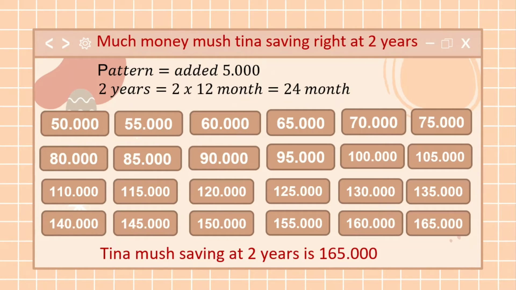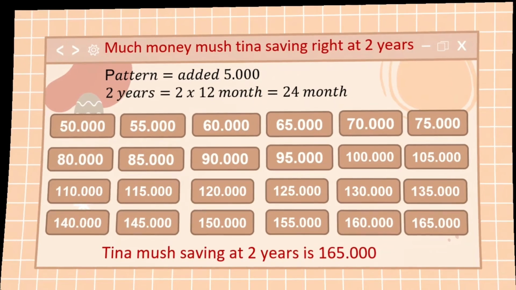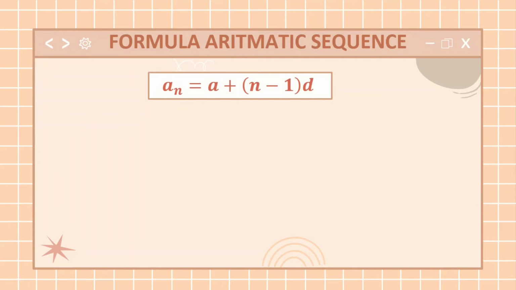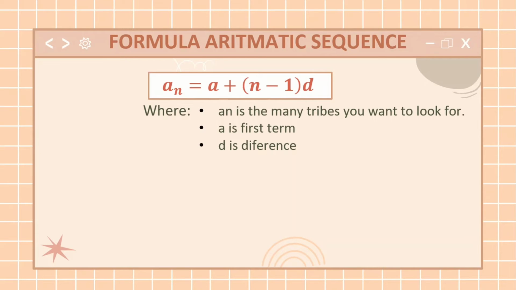So, the arithmetic sequence has a formula to make it easier. An equals a plus n minus 1 times d, where An is the term you want to look for, a is the first term, and d is the difference.